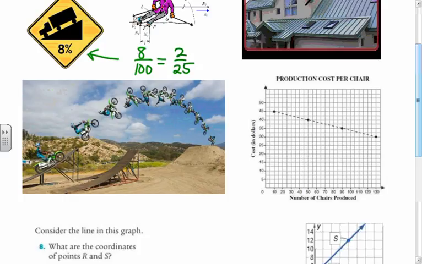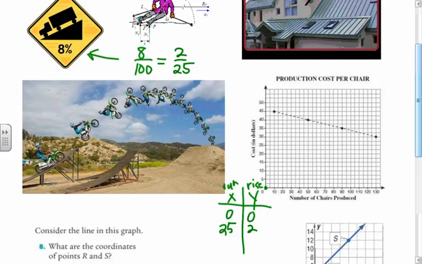If I were to quickly make a table of x and y values, since it's rise over run, y is the rise and x is the run. Let's say we start at 0, 0 with this truck. For every 2 miles that the truck goes up, that's your rise, it's going to go over 25 miles.